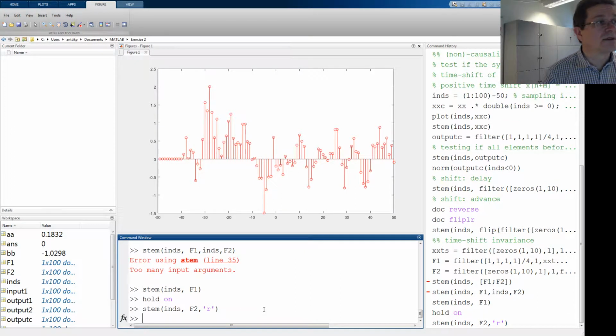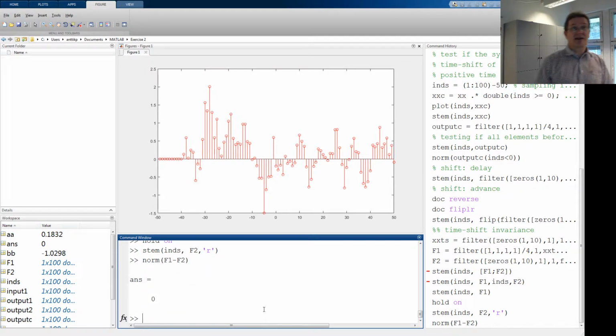Hey, they are the same. It's actually a good idea to do both stem plots of those values and then calculate the norm, so the mean square difference of these two vectors. That's 0. Yes, they are exactly the same. So this might be a time shift invariant system. But for engineers, it means it is a time shift invariant system. If you want to prove it otherwise, use pen and paper.